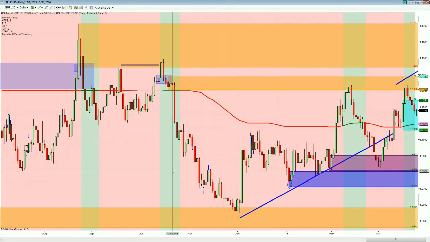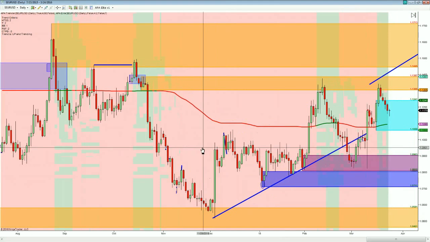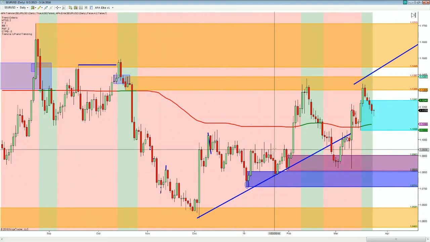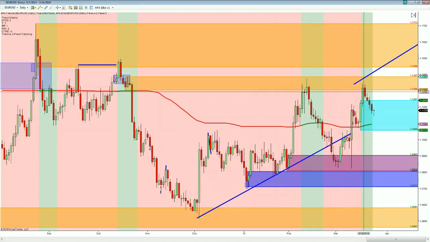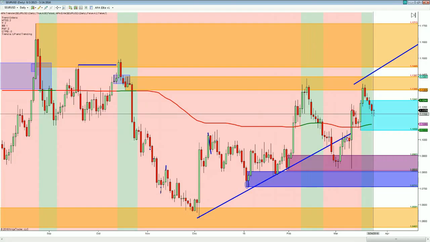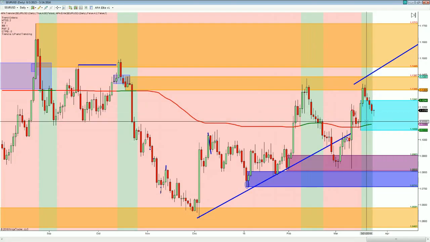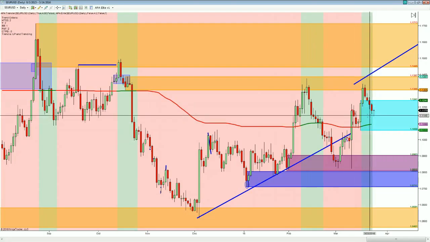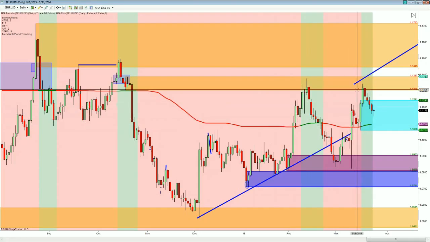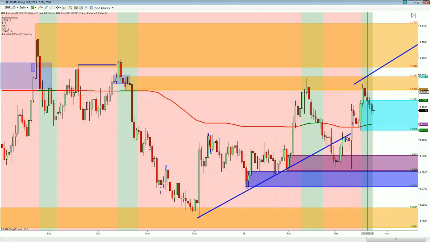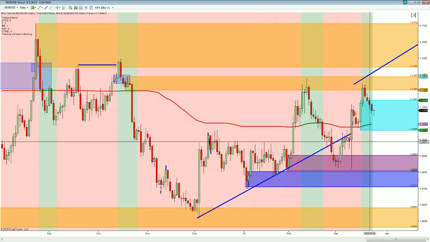And here we are on the daily. Price got back up to this 1.13 level and fell again. And here we are. It made a new demand zone that we're in the middle of right now, but I don't know if that really means a whole lot as we are falling from the top of the range on the weekly.